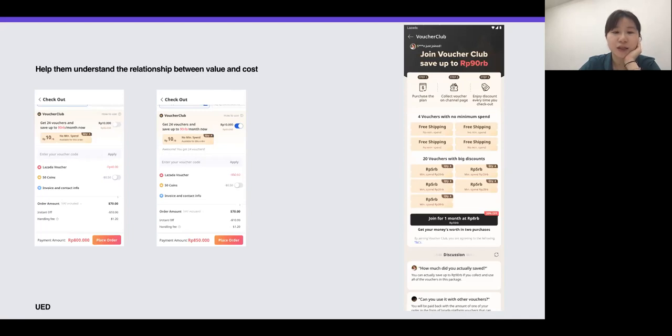Then the text changes, telling you how many more vouchers you're getting by taking this membership.